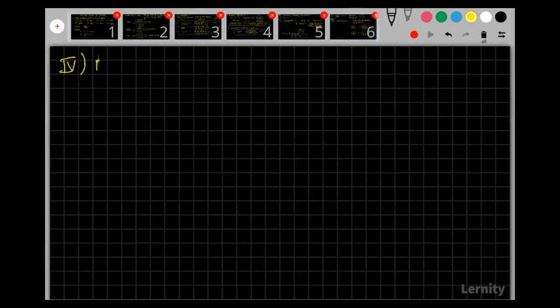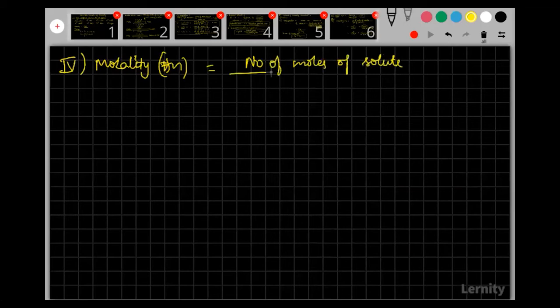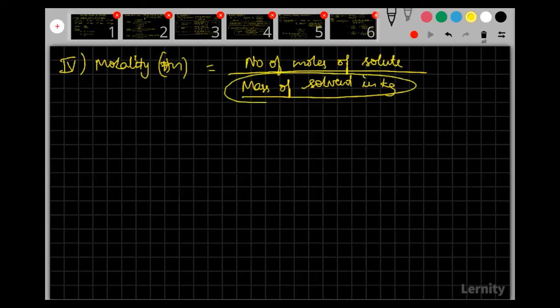So this is how we use the formula for calculating molarity. Next one is molality. In molality, we represent it with small m. Here it is the number of moles of solute divided by the mass of solvent, that too in kg. So here is the difference from molarity. In molarity it was the volume of solution in liters, whereas molality is the mass of the solvent in kg.